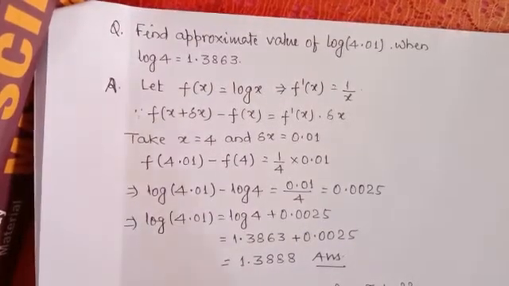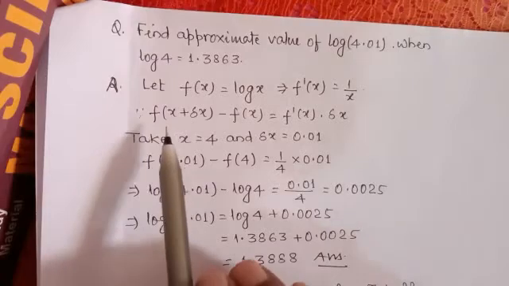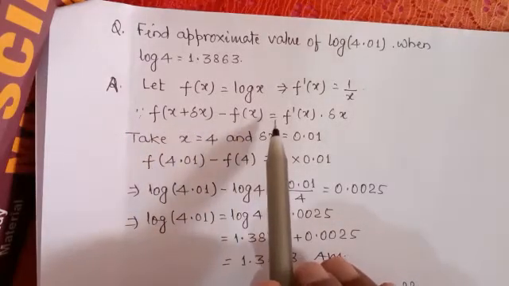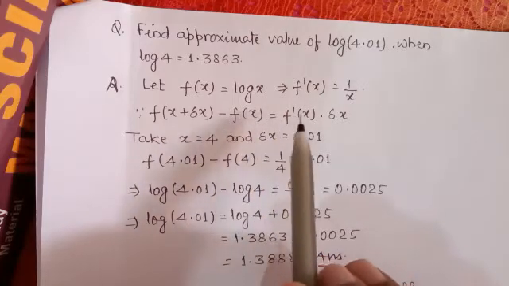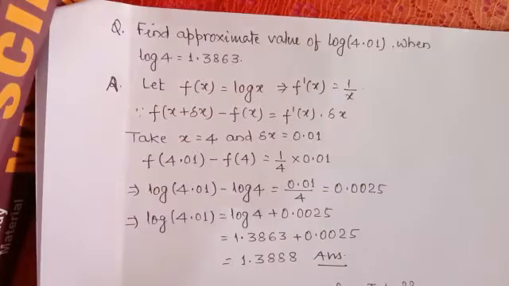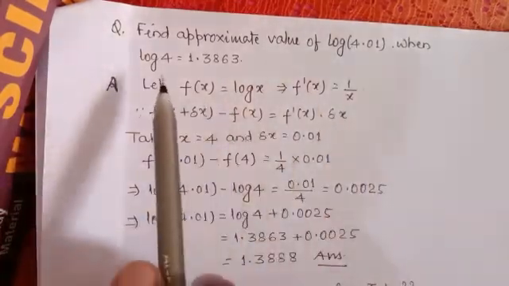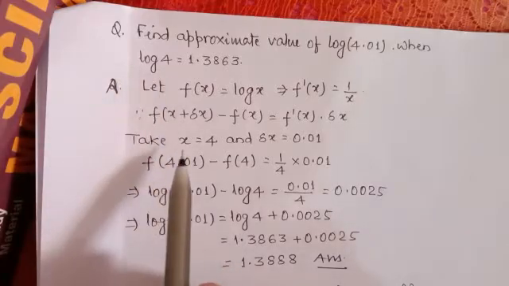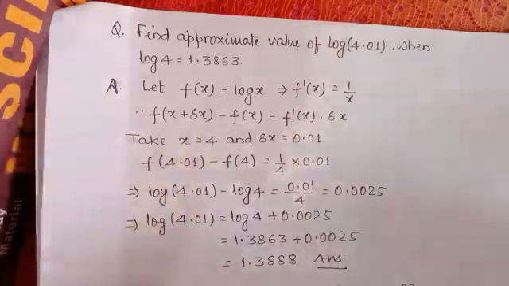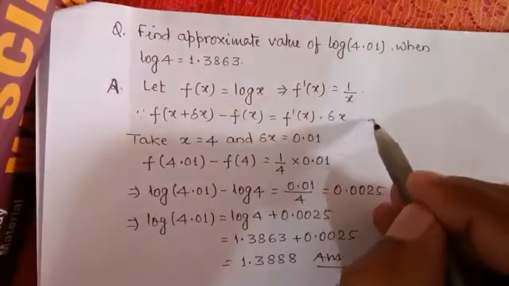Now write down the formula of approximation: f(x plus delta x) minus f(x) is equal to f dash x into delta x. That is our formula for approximation. We take suitable values. It is already given log 4. So take x is equal to 4 and delta x is 0.01. Put in these values in that formula.